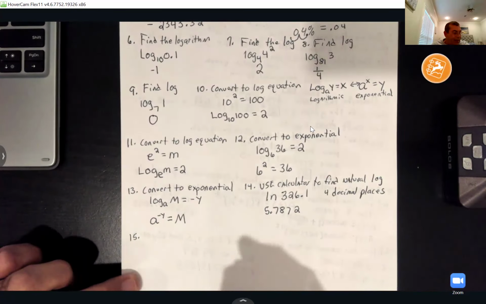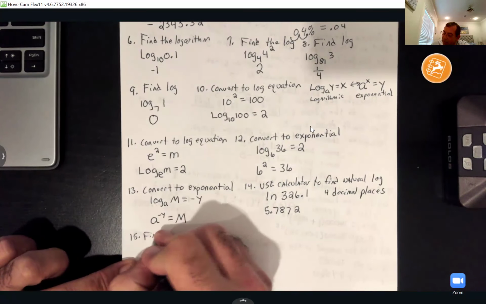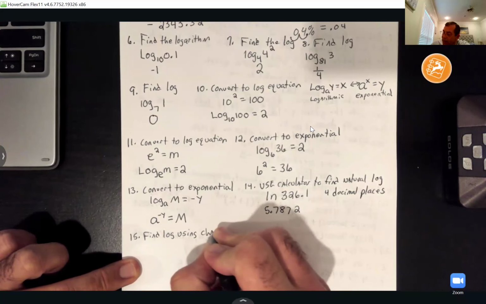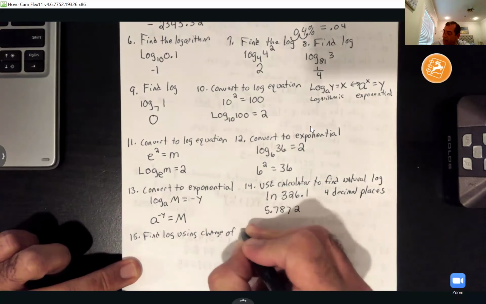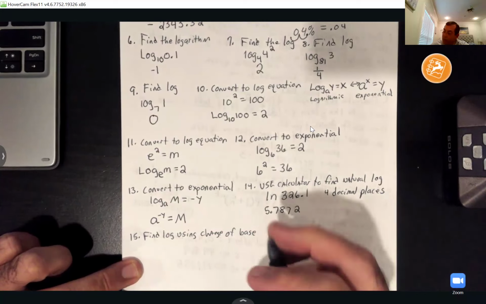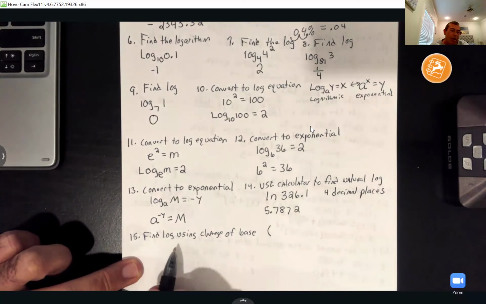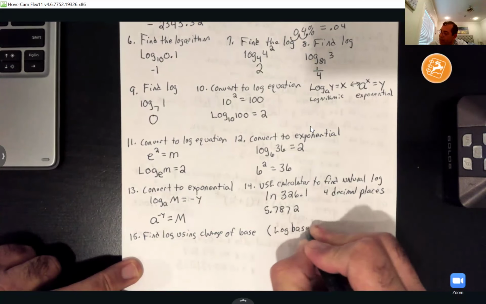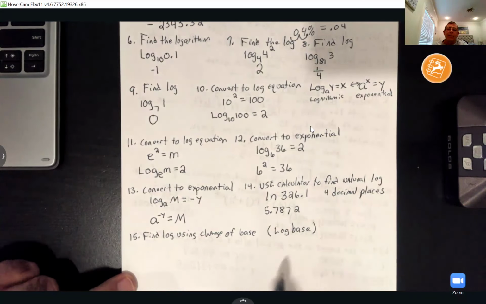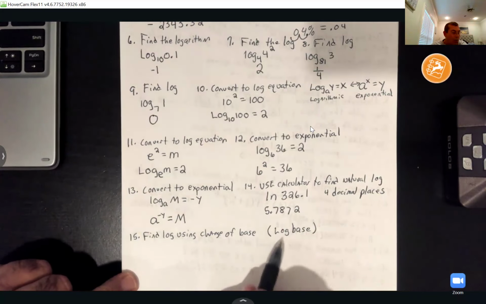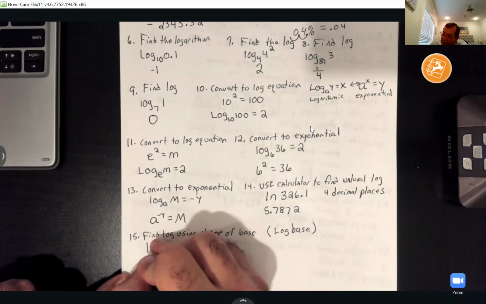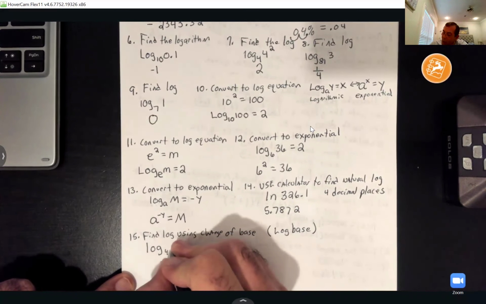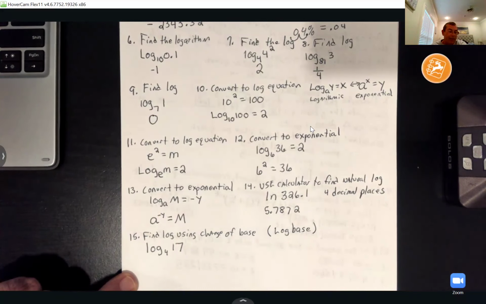All right, now 15 says find the log using change of base. Well, that was old terminology. What we want to use is the log base on the calculator, okay? So you want to go to math and then down to that log base. But I want y'all to find that of a log base 4 of 17.